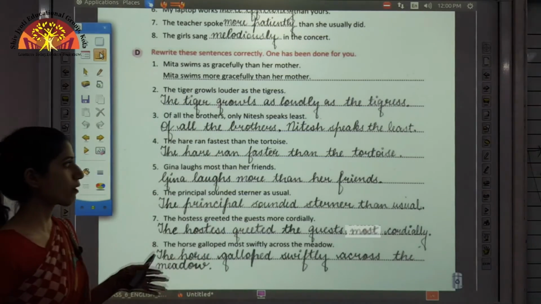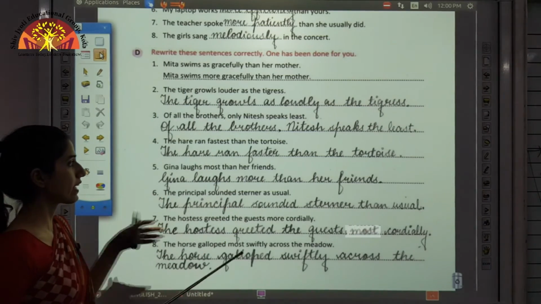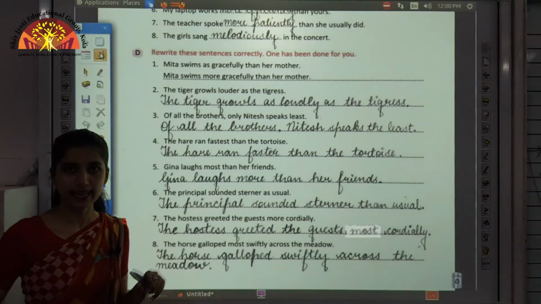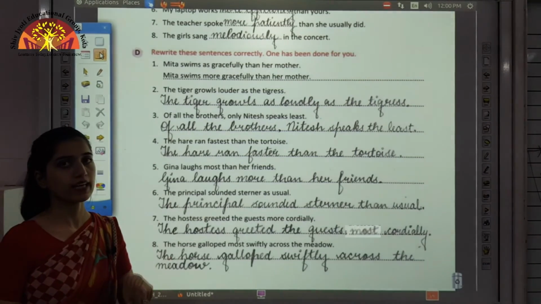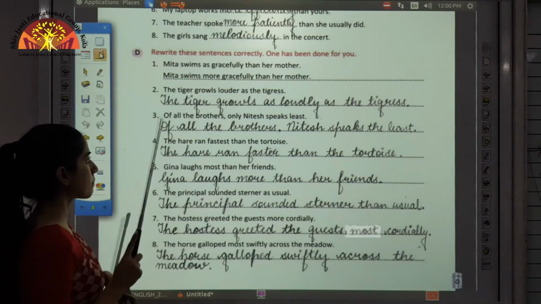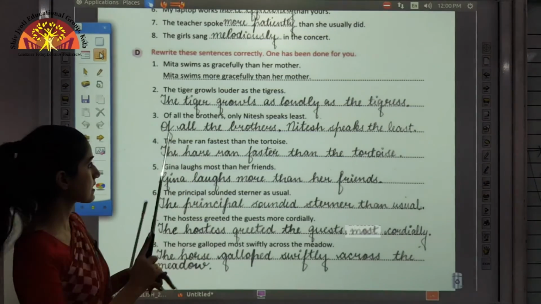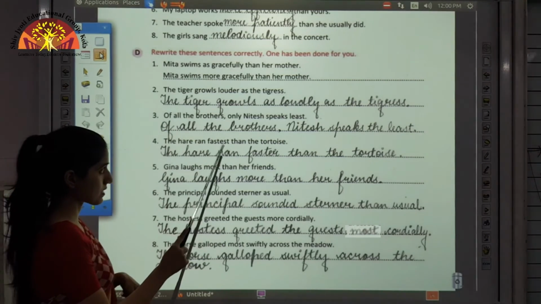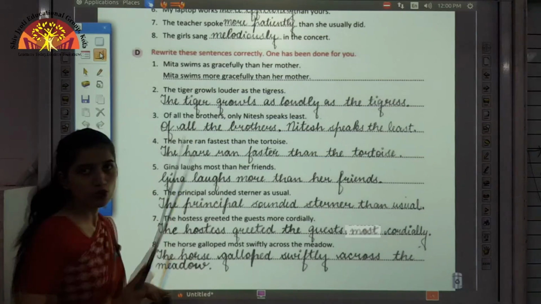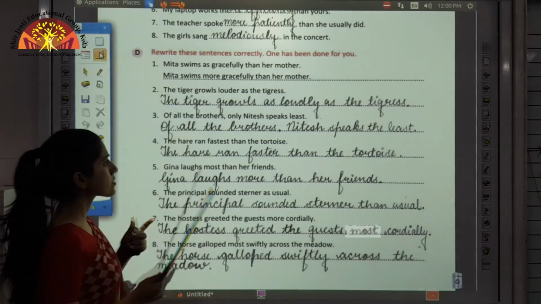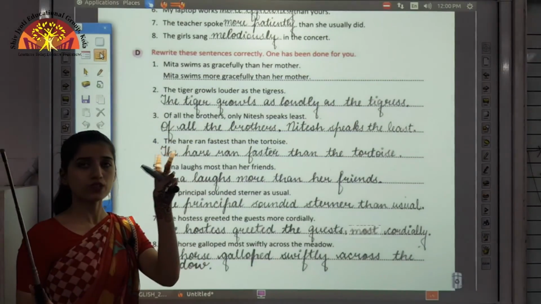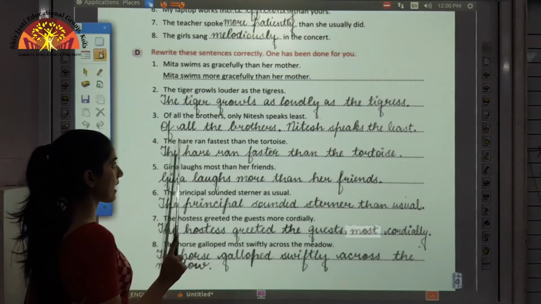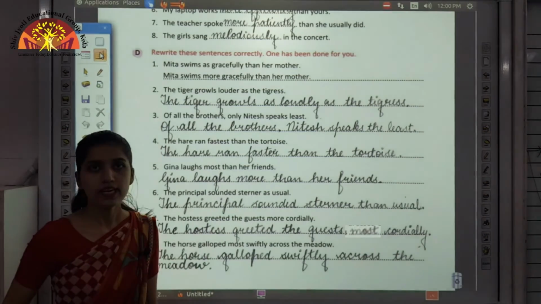Some sentences are given over there and we have to rewrite them correctly. We need to find out the error and correct that error. So I am taking the fourth one, that is, the hare ran fastest than the tortoise. As you can see, we are comparing between two animals, two nouns over here, the hare and the tortoise, isn't it?